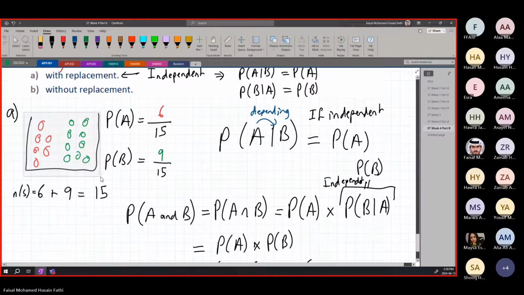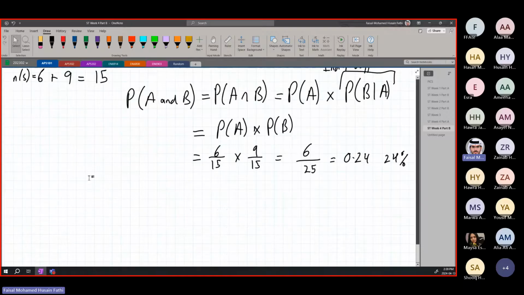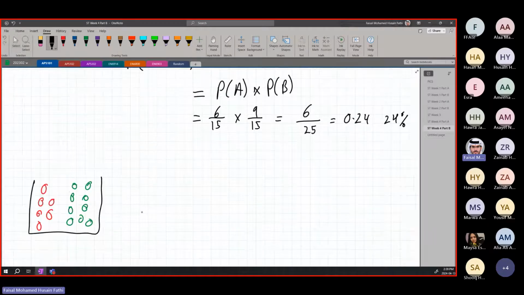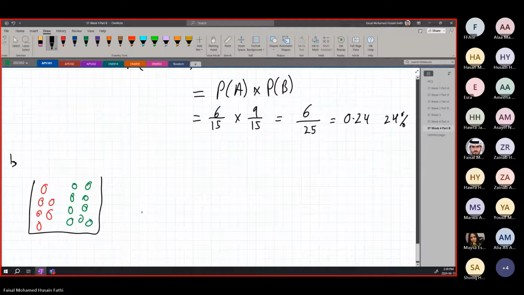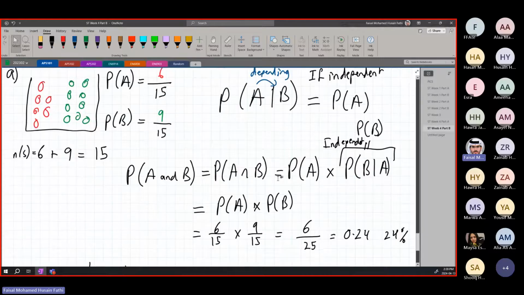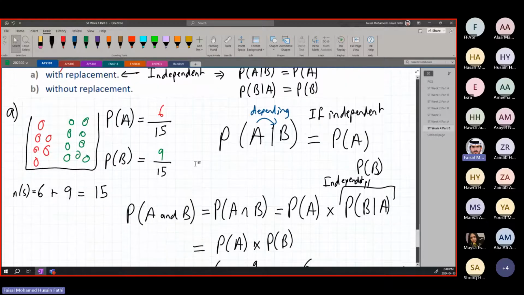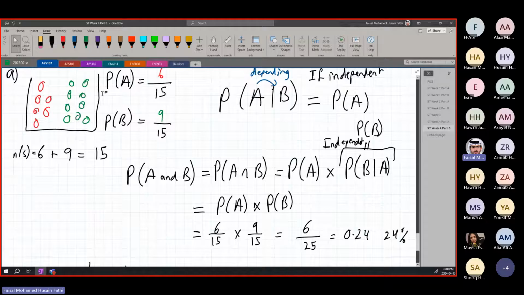Now, if I draw this again one more time, and in this case, there is no replacement. No replacement. What we got here, this is what they call the probability of drawing 2 red marbles. So this is basically the probability of getting 2 marbles.